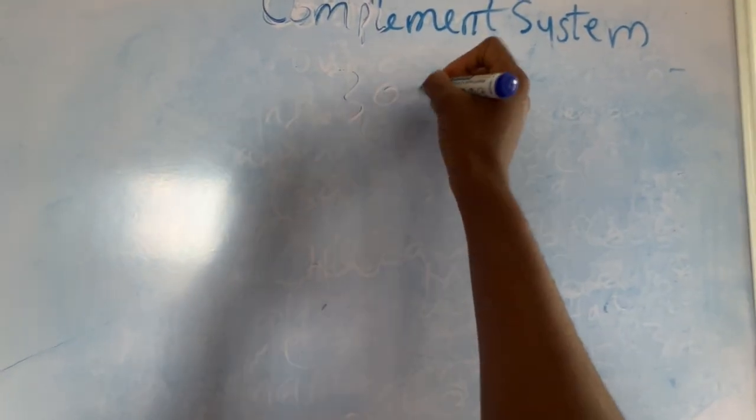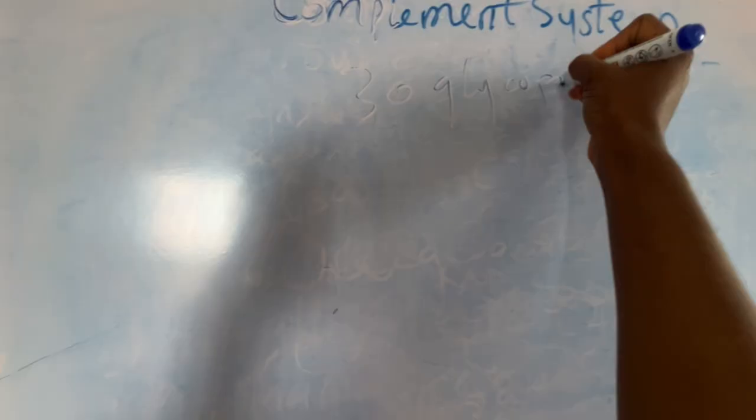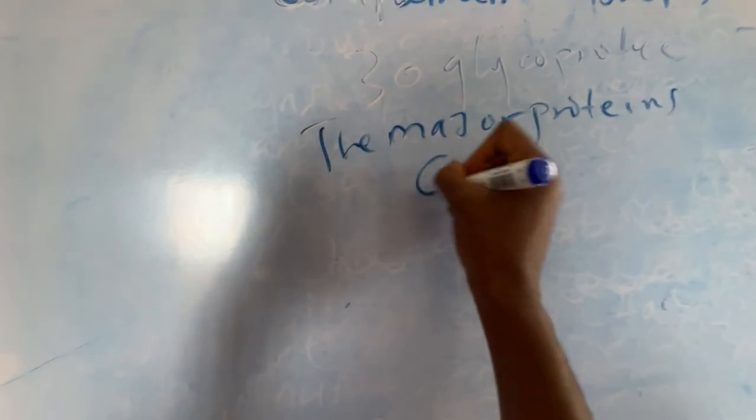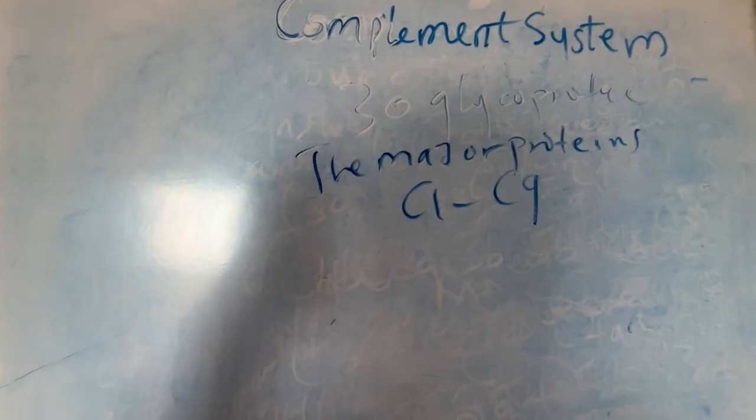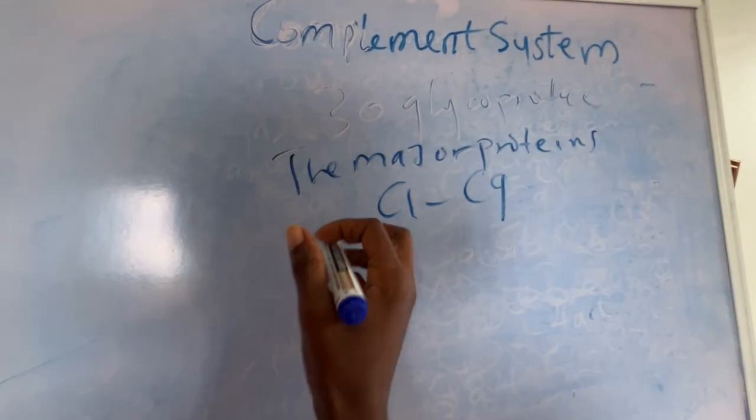What happens in the complement system? First and foremost, we know there are a group of about 30 glycoproteins. The major complement proteins are C1 to C9. And the complement system happens through three major pathways.